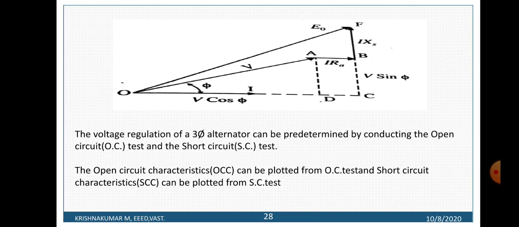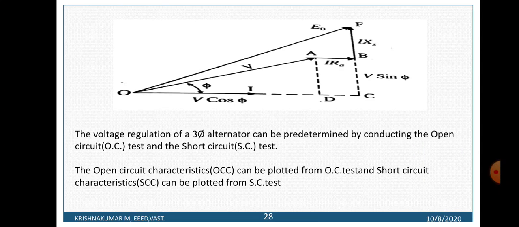So V is equal to root of V cos phi all square plus V sin phi all square, that is, OA is equal to root of OD square plus AD square, where AD is equal to V sin phi and OD is equal to V cos phi.